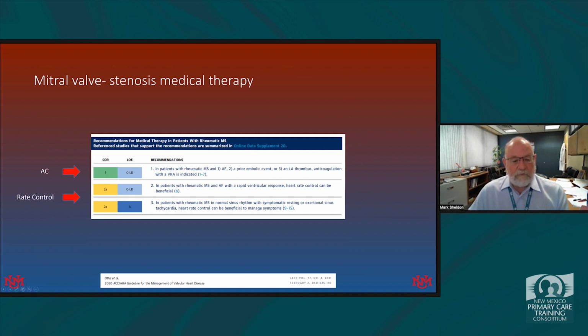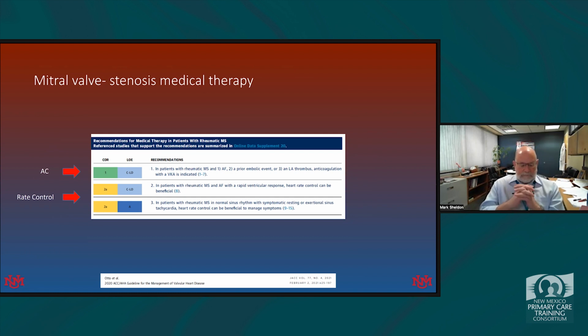This is the classic valvular atrial fibrillation that needs to be treated with warfarin, not a DOAC.